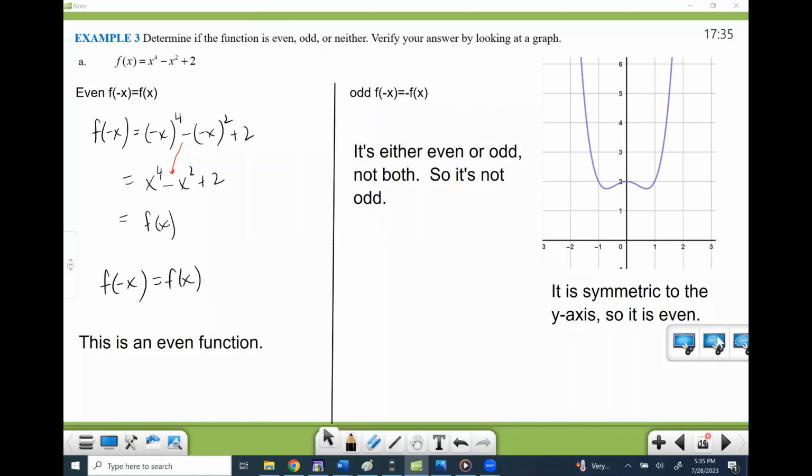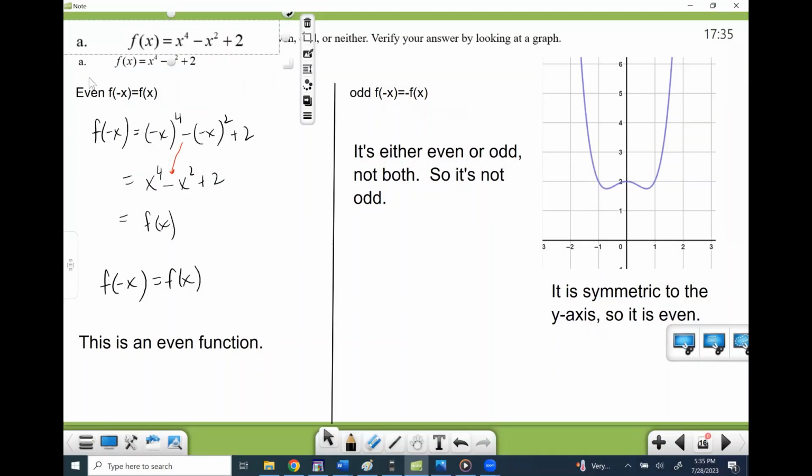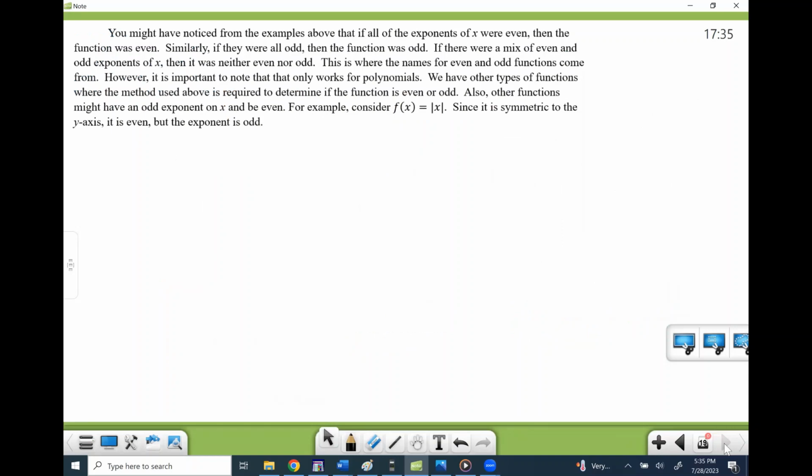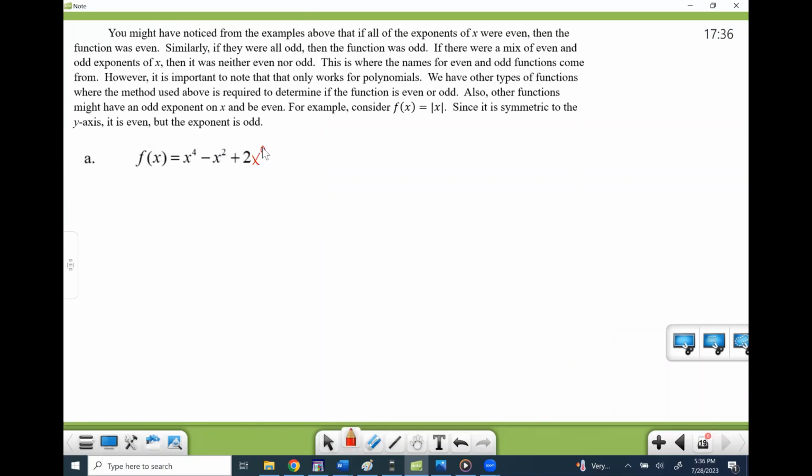Let me bring back the examples here just to show you what I'm talking about. Now, you do have to consider that there is an x after the 2. It is an x to the 0 power right there. So all of the exponents are even on this polynomial, and so that's what makes this even.